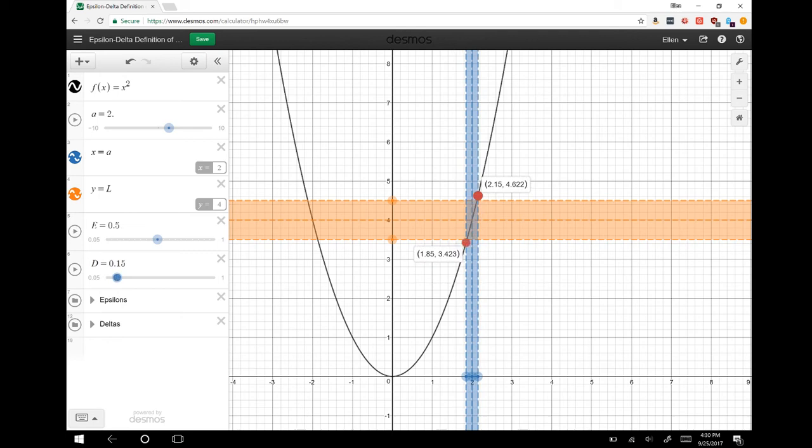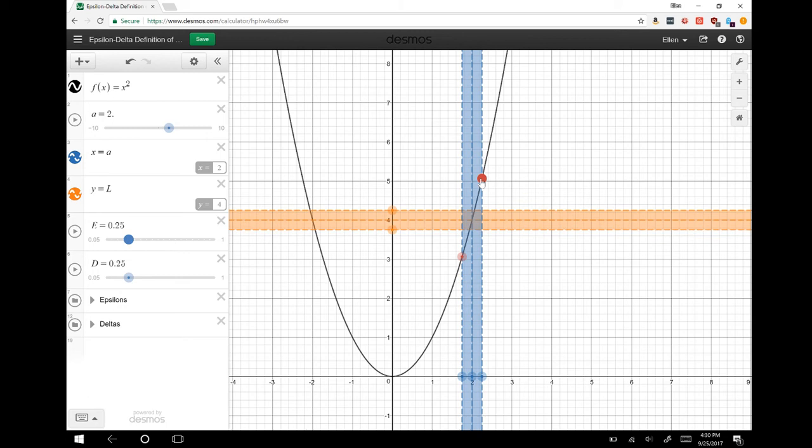And so theoretically, you can see that you can do this. Now, this only has so much fine-tuning that you can do. It's set to pretty specific parameters. But even here, look, I can make that delta window that small, and it looks like those values are inside of there.